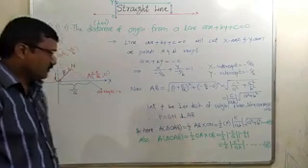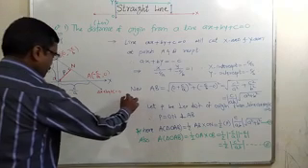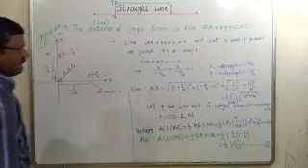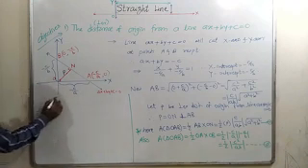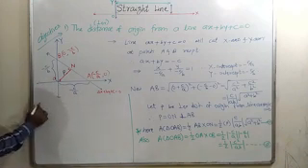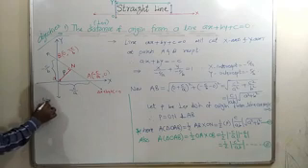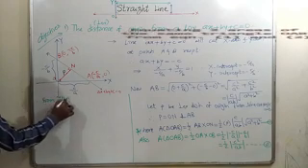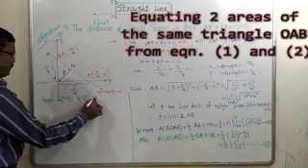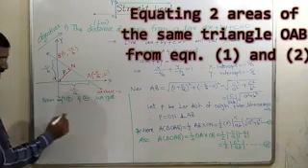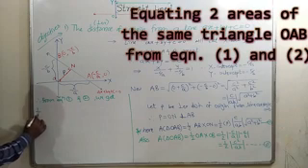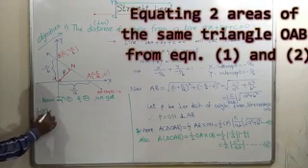Now from equation 1 and 2, let us equate these two equations. Equating those two areas of the triangle, we get half of P, which is unknown.